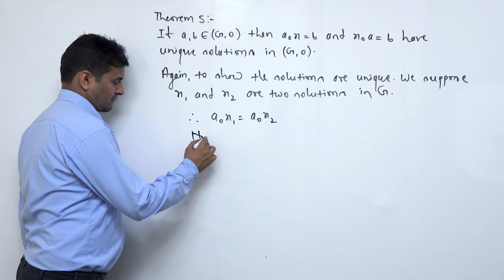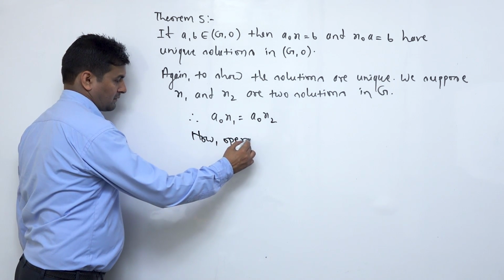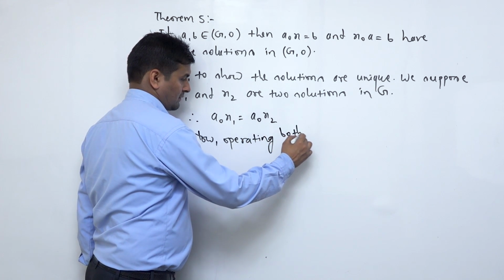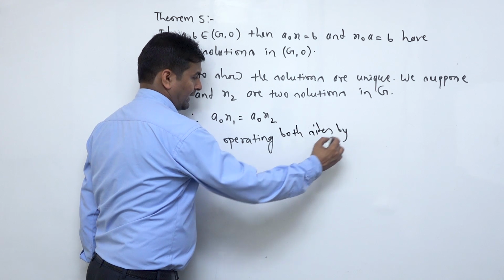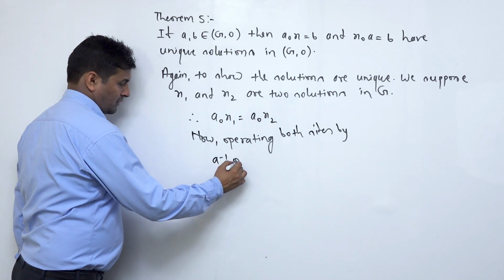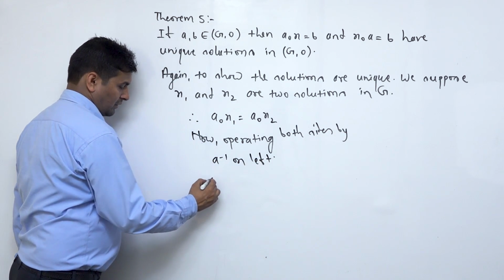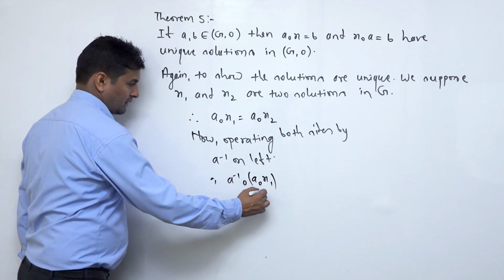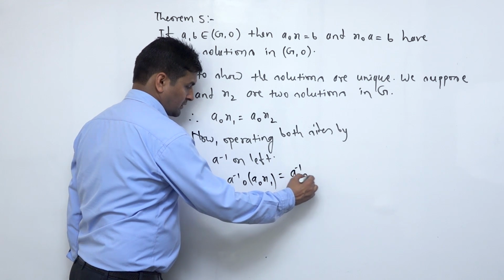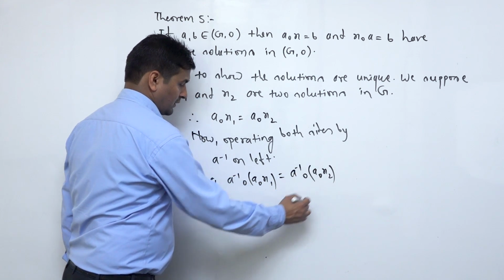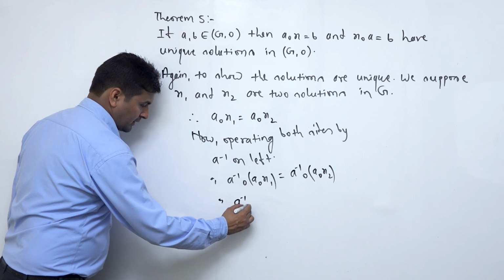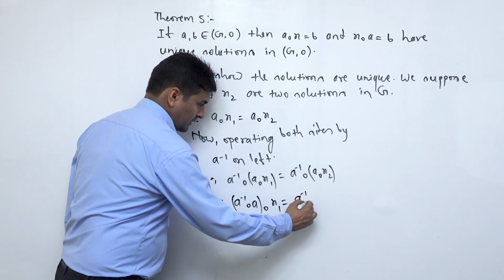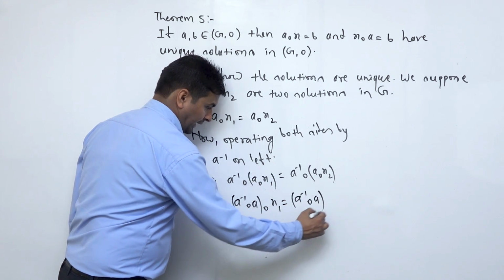Now operating both sides by a inverse on left, a inverse not a not x1 equals a inverse not a not x2, or (a inverse not a) not x1 equals (a inverse not a) not x2.